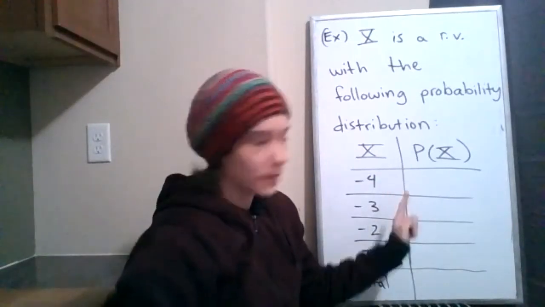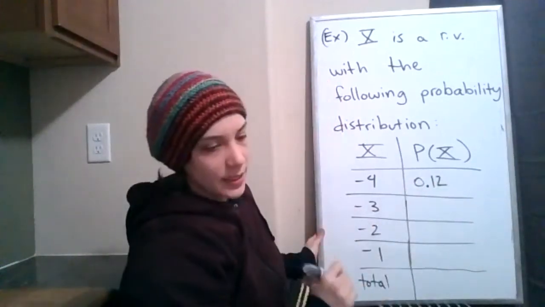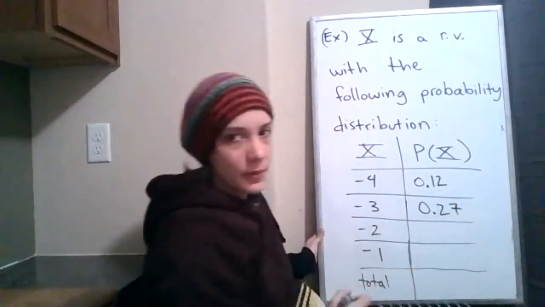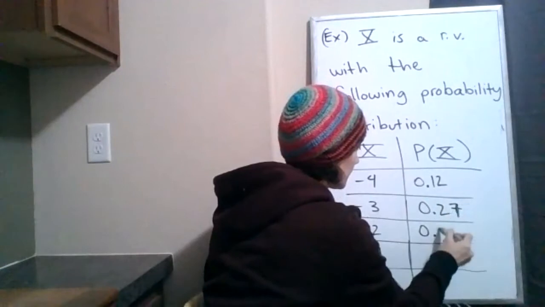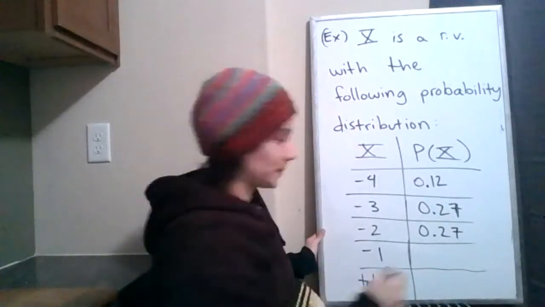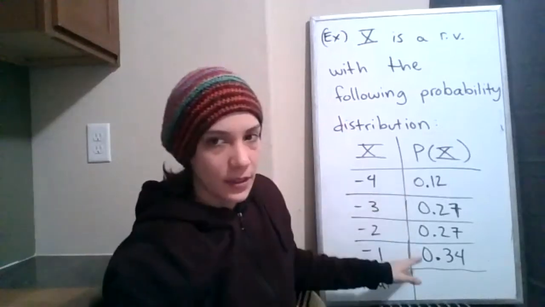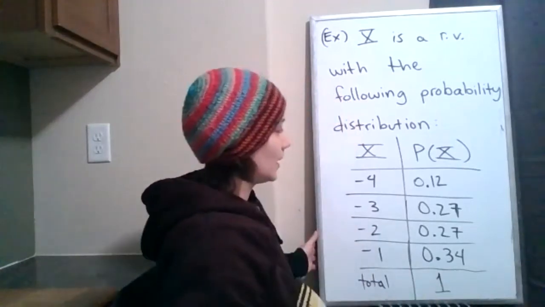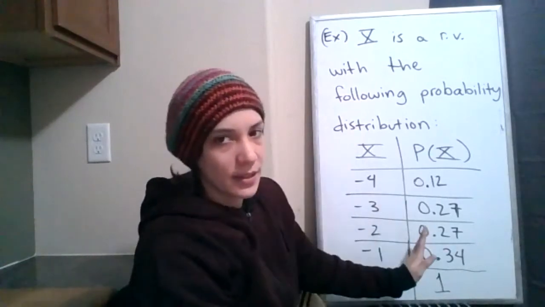Probabilities are 0.12, 0.27, another 0.27, and 0.34. And this total should equal 1. And we're just going to find the mean, which is the sum of x times p of x for this table.